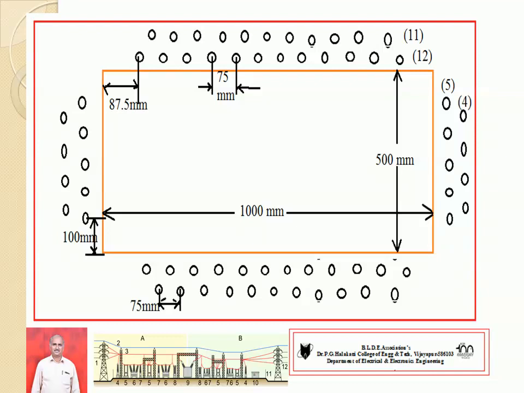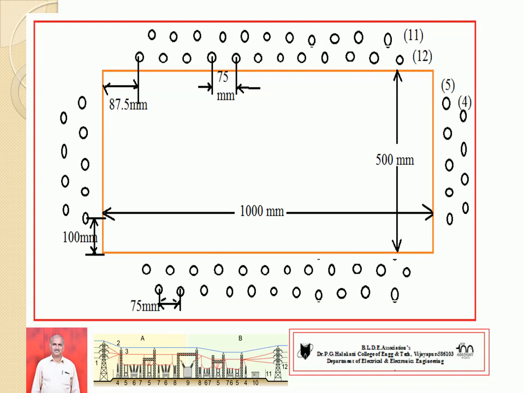Then you draw the tank. Along width it is 1 meter, 1000 mm. Lengthwise 0.5 meters, 500 mm. Again by trial and error, calculate. Along widthwise, I have taken 12 tubes. 12 tubes means 11 spacings, 11 into 75, where distance between adjacent tubes is 75 mm.